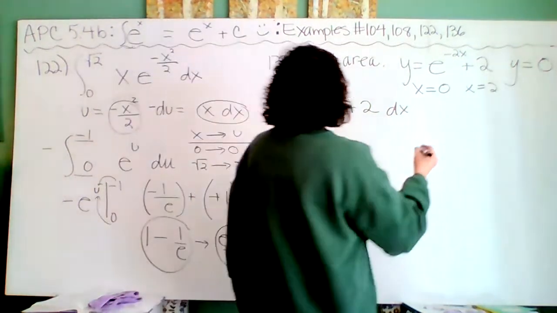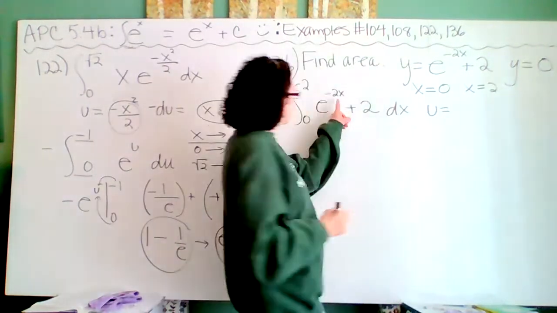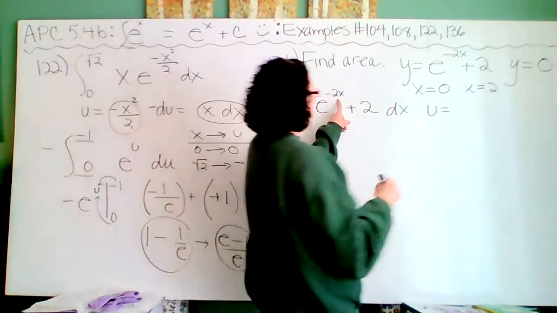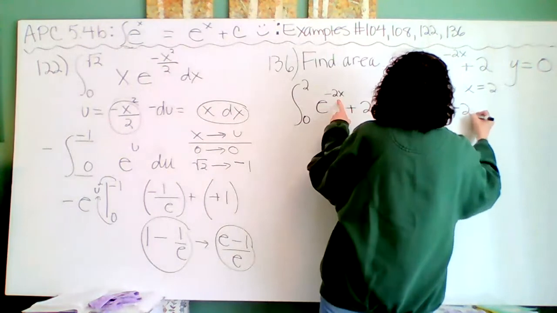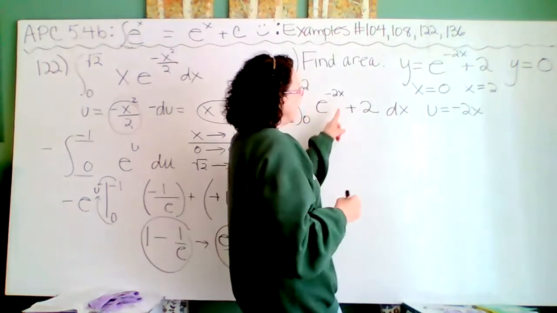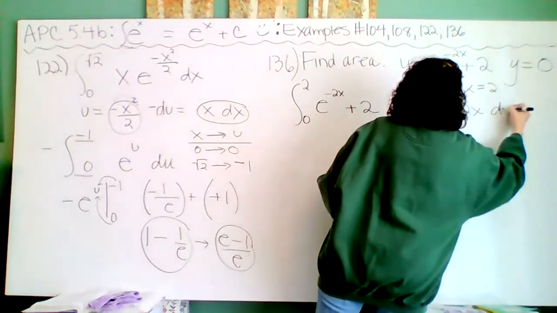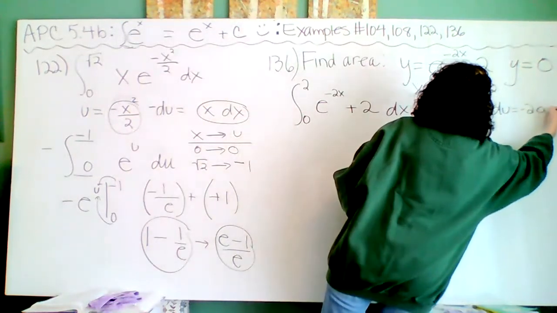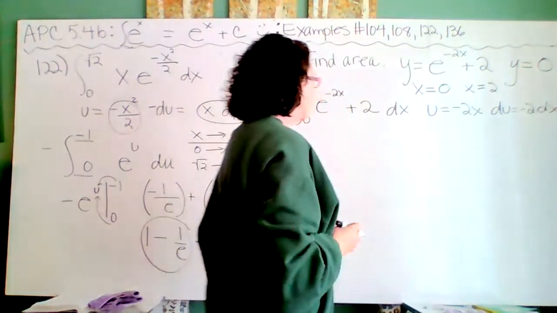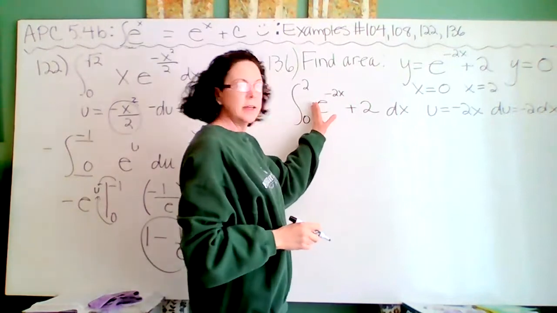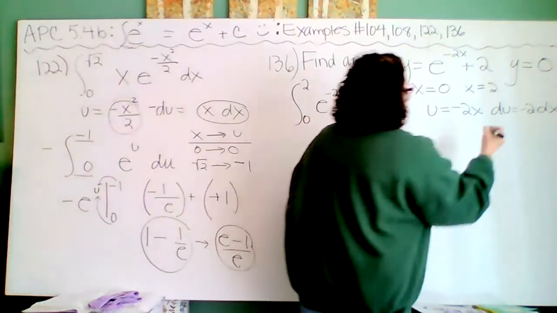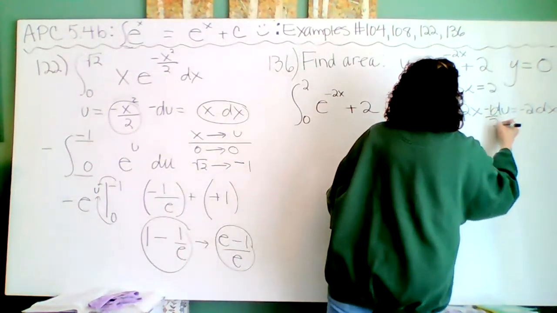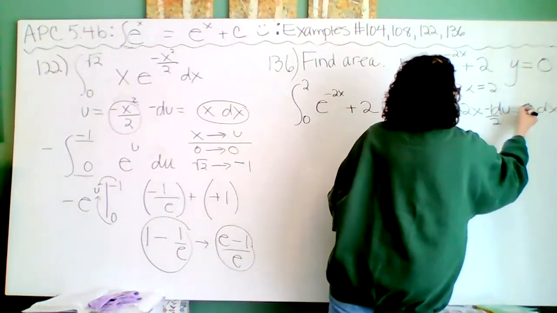I am going to make my u, the inside function, negative 2x. And I am going to make my du then a negative 2 dx. Okay. I do not see a negative 2 here, so I will multiply by a negative 1/2 or divide by 2.